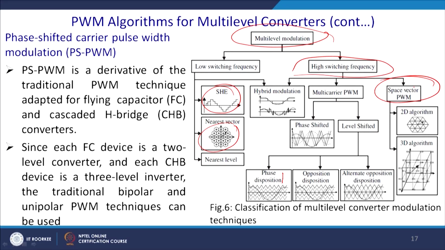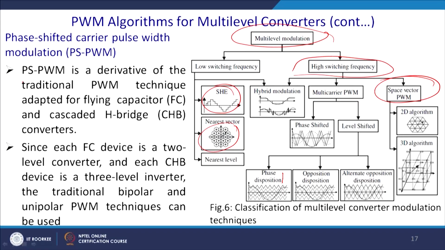Space vector modulation has one advantage: it utilizes the DC link voltage better, and for this reason the switching stress is less. Of course, the same can be done by third harmonic injection, but instead you can achieve the same features with space vector modulation.